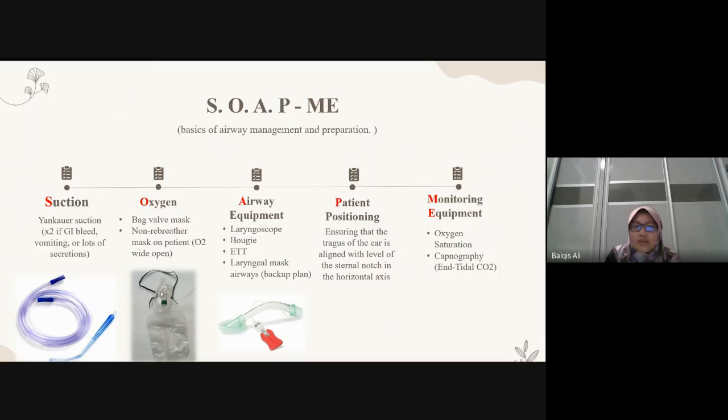With a non-rebreather mask, we don't need to assist them to breathe. And airway equipment is the one that I have listed before. Patient positioning, like I've said, is the sniffing position, when the tragus of the ear is aligned with the level of the sternal notch. And then ME, monitoring equipment: we monitor the oxygen saturation and capnography.